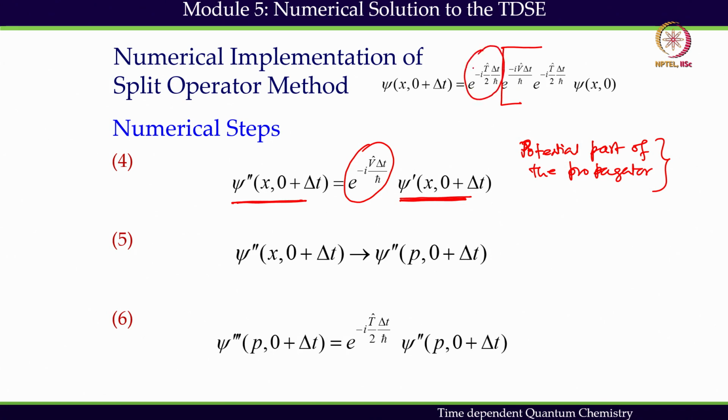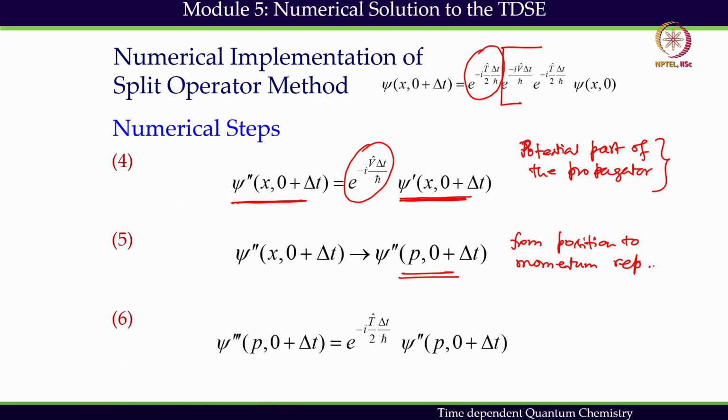but then again I have to employ this kinetic energy part, and in order to do the kinetic energy part, again I have to move to the momentum representation. So, I have to convert the wave function from position to momentum representation.